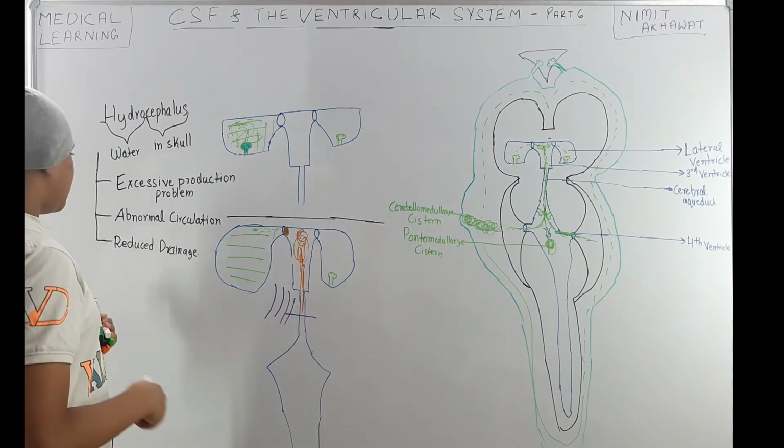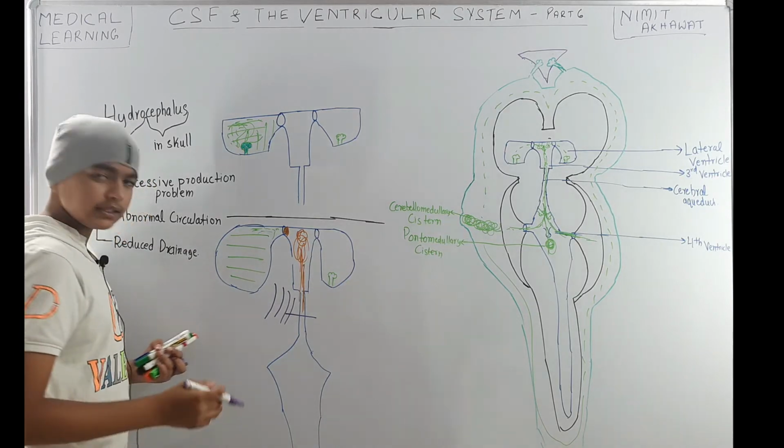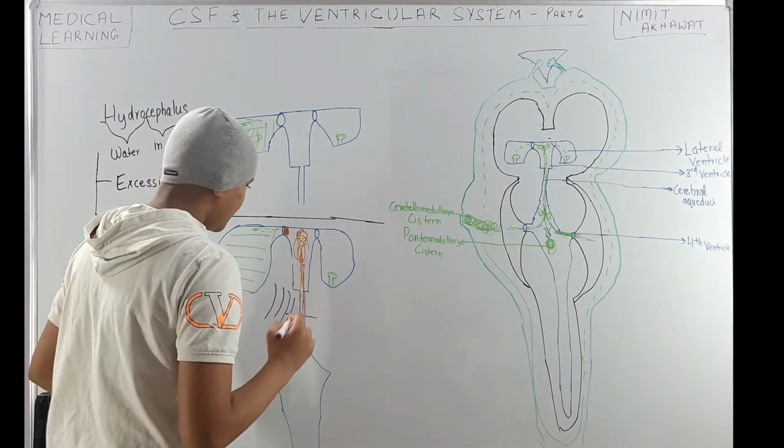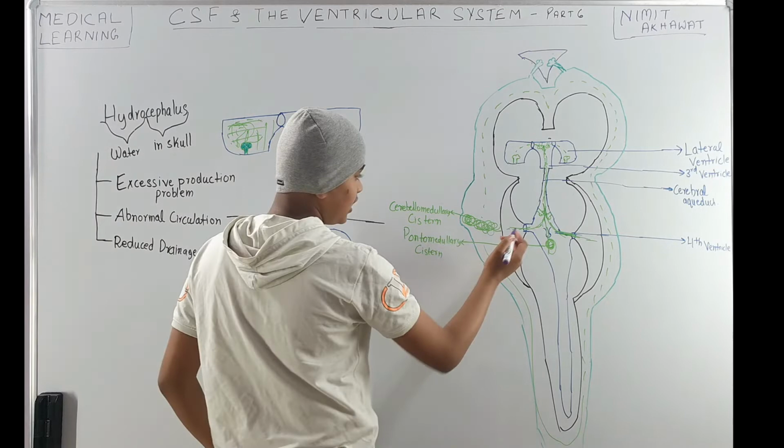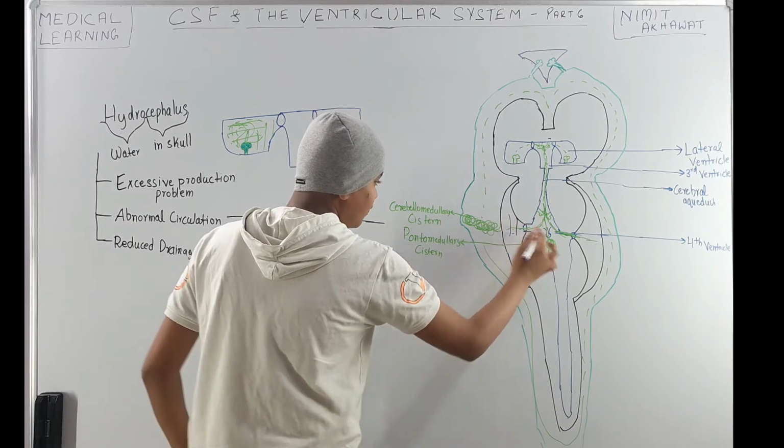The third primary reason of abnormal circulation causing hydrocephalus is cancer or a tumor developed in the cerebellum. If cancer or a tumor develops in the cerebellum, it will block the foramina of Luschka.